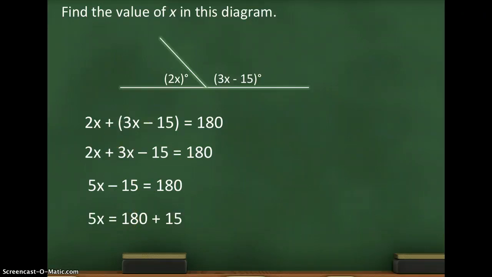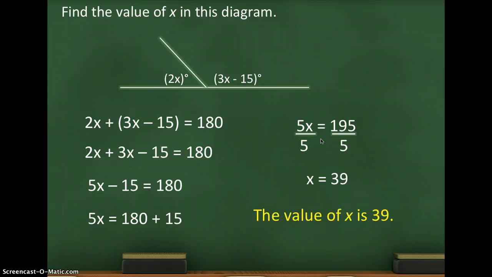Okay, so I rewrote it. I put them on the same side, so 180 plus 15 is 195. 5x is equal to 195. Divide both sides by 5. And so x is equal to 39. Okay, so the value of x is 39.